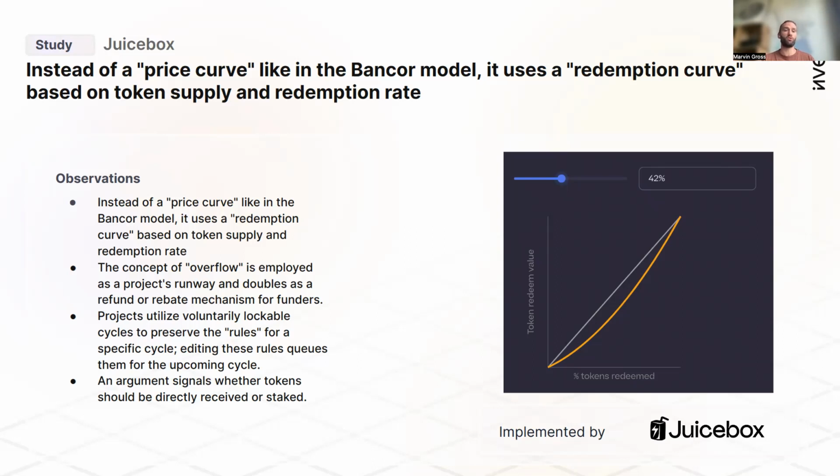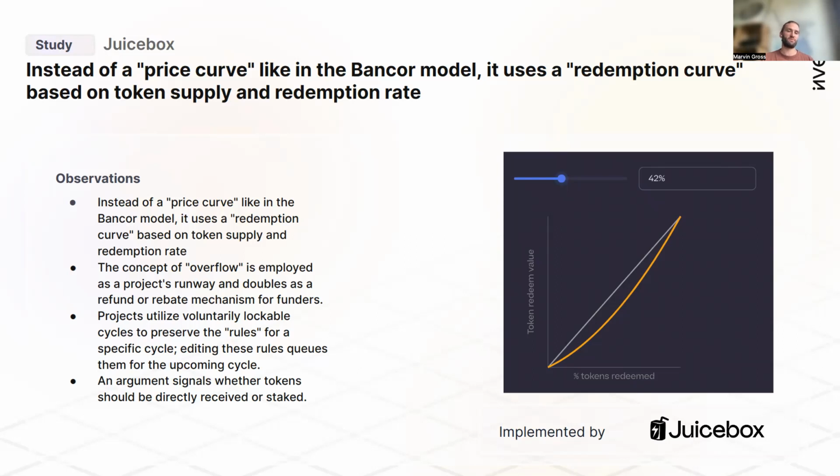The cycles are lockable, which creates a sense of trust and signals the project's intent to their holders. And then finally, they make use of an argument to signal if you want to receive your tokens staked or directly.